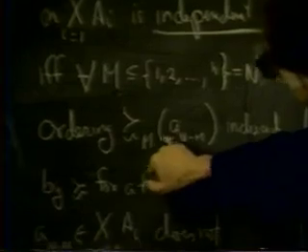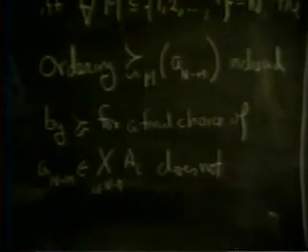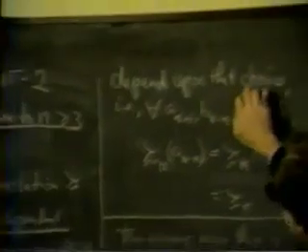It, of course, is in general dependent on that particular choice of values outside of the set of factors that I'm interested in. Now, the assertion of independence is that it, in fact, does not depend on that choice.